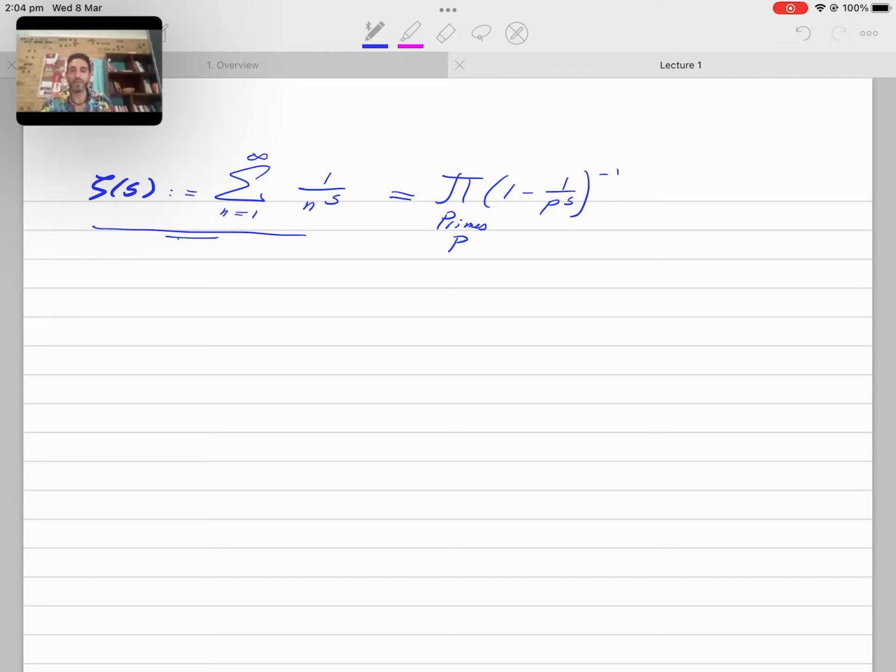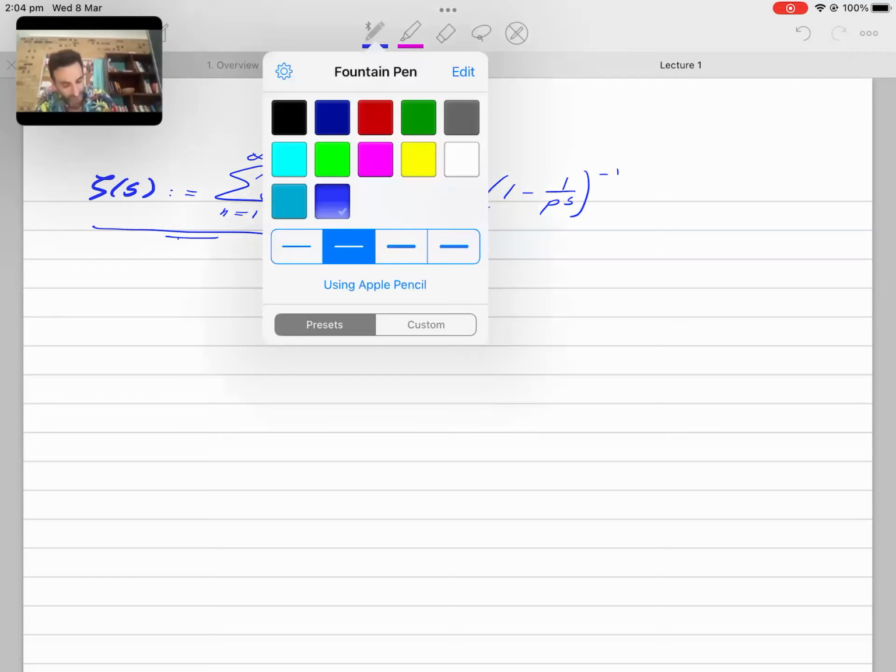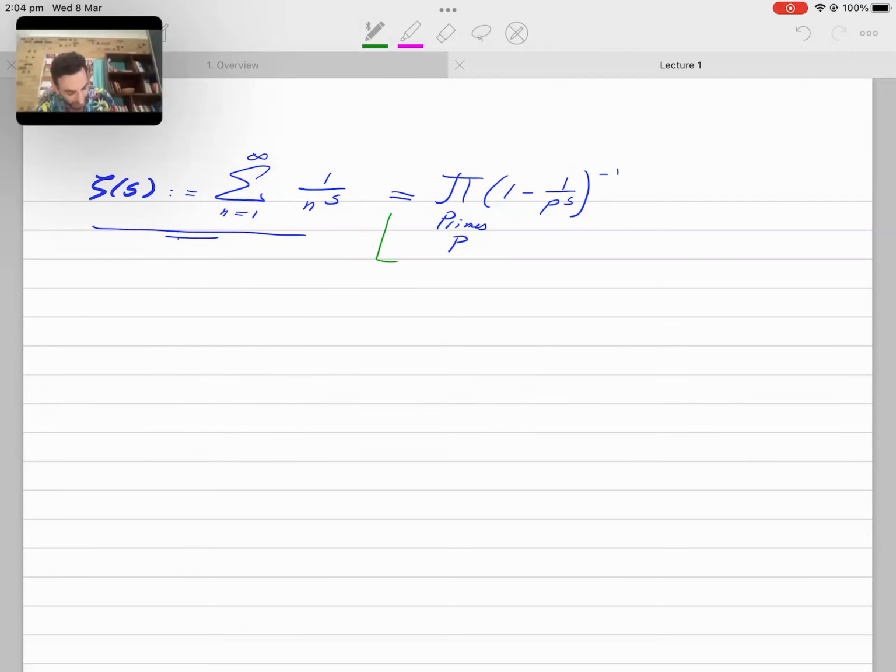When Euler was considering this function, it was for real numbers, and Euler was not, I guess, so concerned about keeping track of convergence. But if we want this to converge and the expressions to be meaningful, then we should consider real numbers bigger than 1, because otherwise the expression will be divergent.